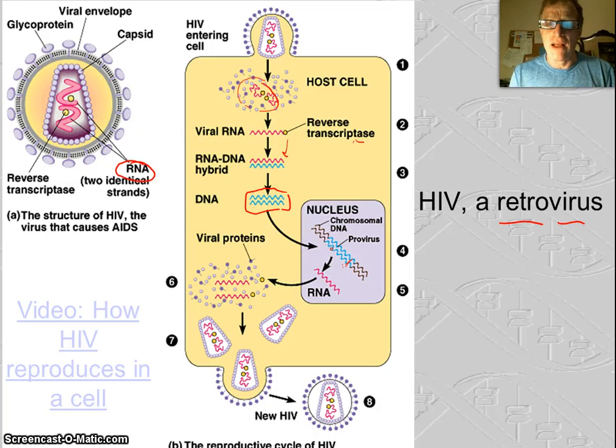At some point, that provirus will initiate the lytic cycle where it will start to produce RNA. That RNA will then transcribe the proteins and copy itself into more HIV viruses, which will then be released and spread to other cells. In this case, they're attacking a specific cell in humans called T cells. T cells are an important component of our immune system.